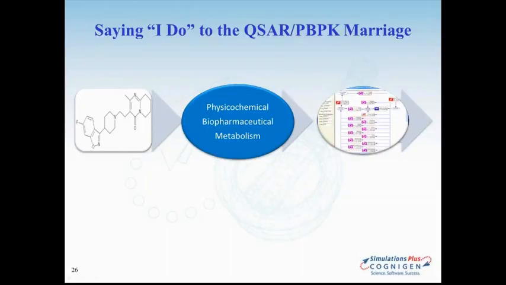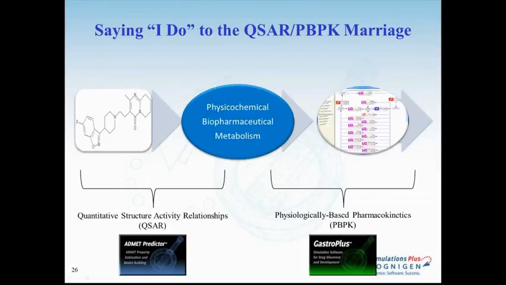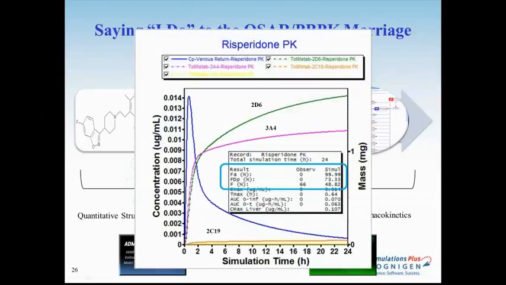If you click next, Michael, what we're doing is taking what Michael has been talking about from ADMET Predictor, the QSAR models, and merging them with the PBPK models of GastroPlus, so that now from the chemical structures we can predict the full PK curves.